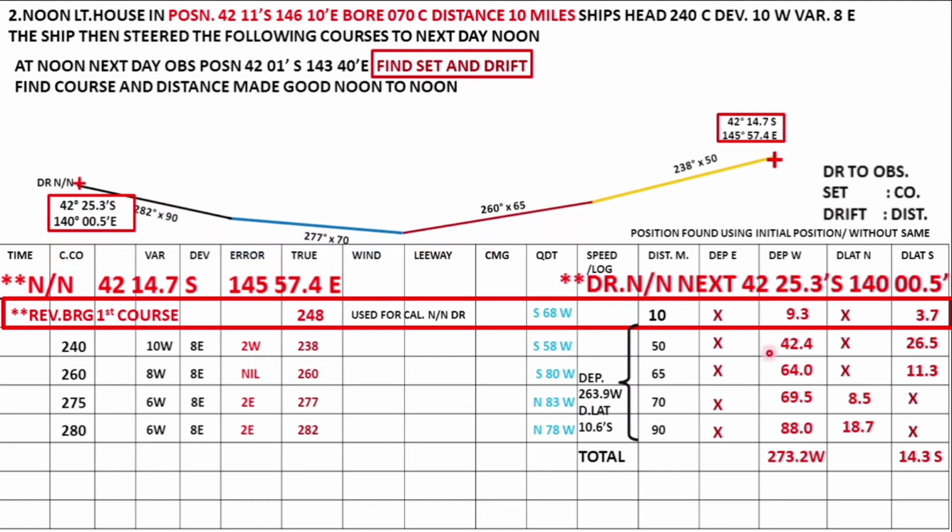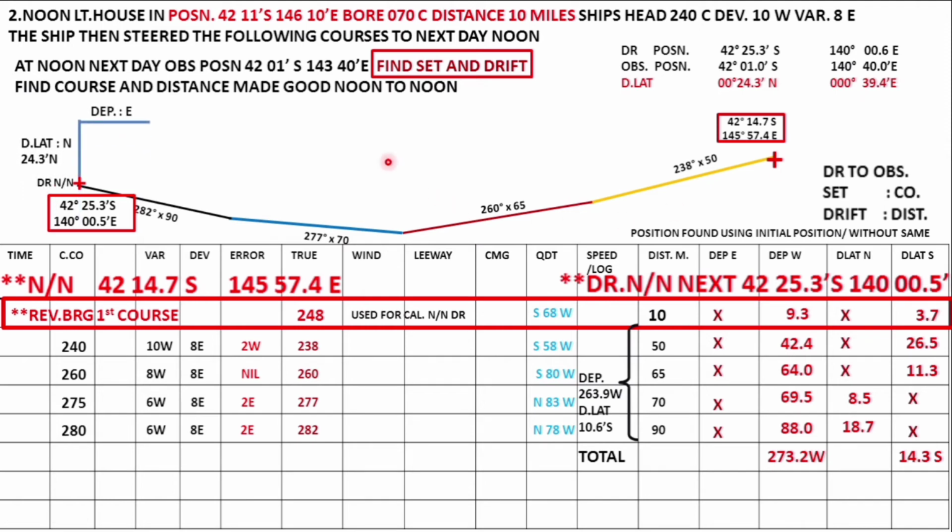So after doing all these courses, this was my DR. I have written my DR position here and my observed position which is being given to me here, and my DLAT is north and D long is east. So DLAT is north, D long is east, that means departure is east. So I would be somewhere here. So that is my observed position.